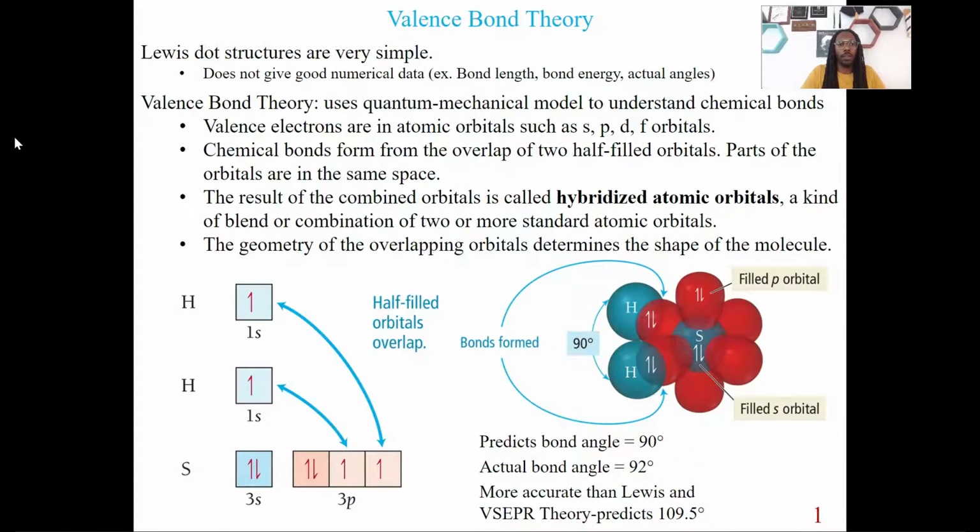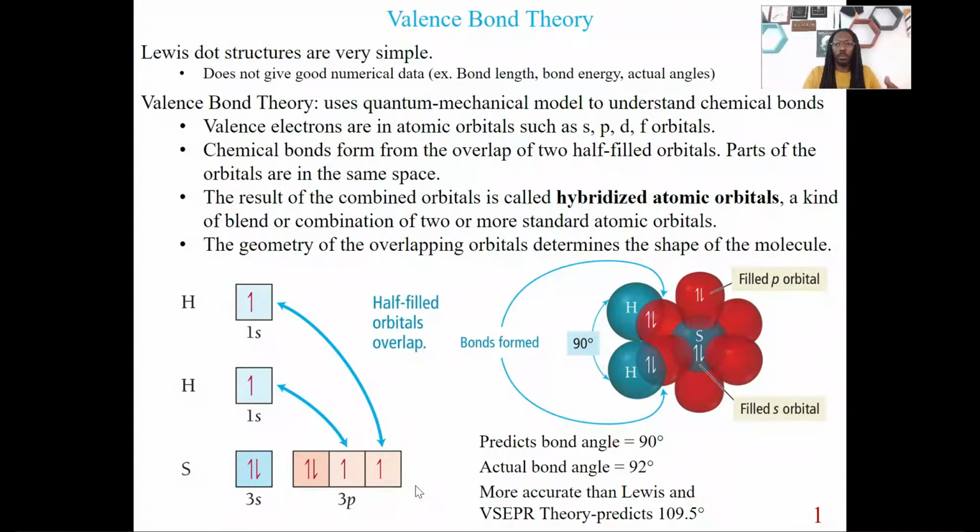Based on this, we can determine a new geometry of those overlapping orbitals to figure out the shape of our molecule. For example, with H2S, hydrogen is 1s1, and sulfur is 3s2 3p4. Right now these have half-filled orbitals. When they come together and we add this hydrogen and this hydrogen, we have our filled orbital, once again 8 valence electrons.